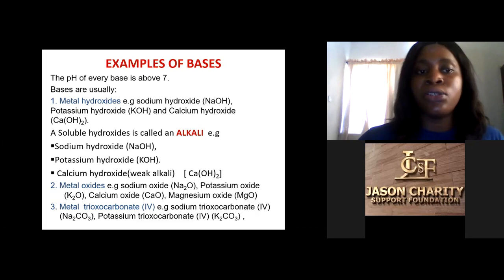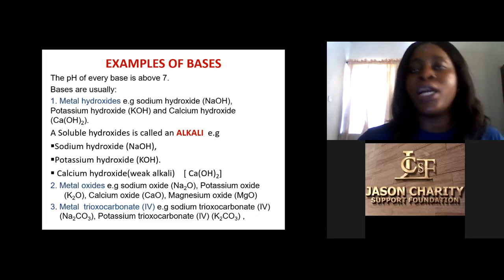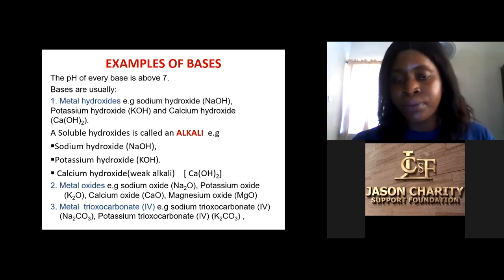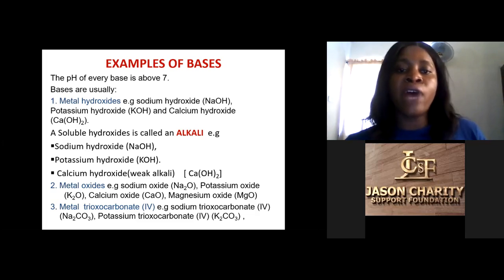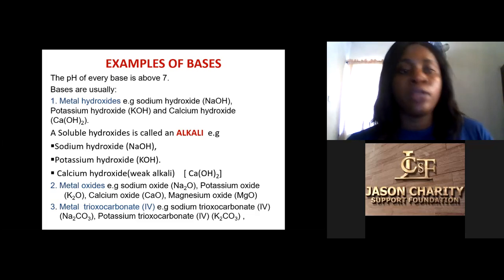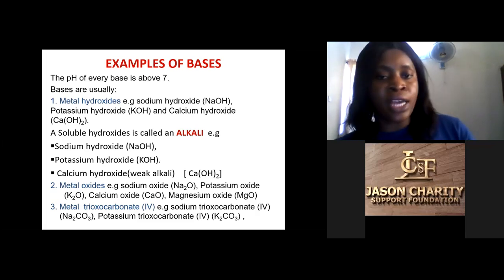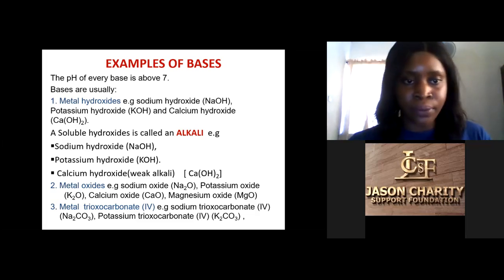Another thing you need to know is that a soluble hydroxide is called an alkali. So an alkali, therefore, is a base that is soluble in water. The hydroxides of sodium, potassium, and calcium are examples of alkali.